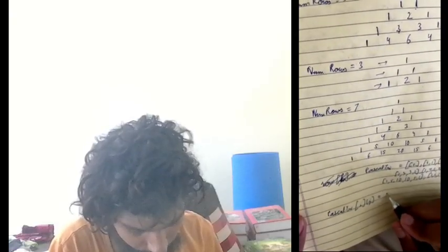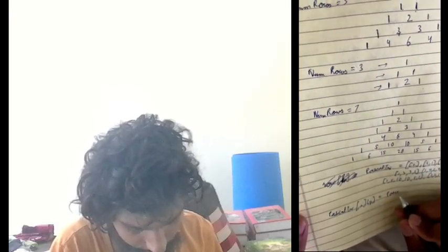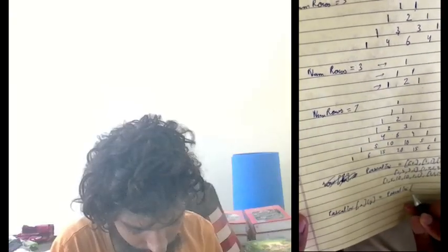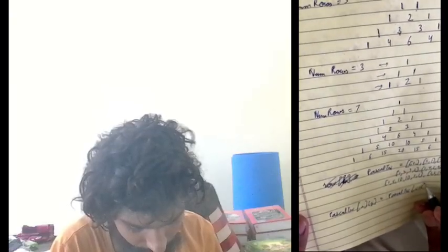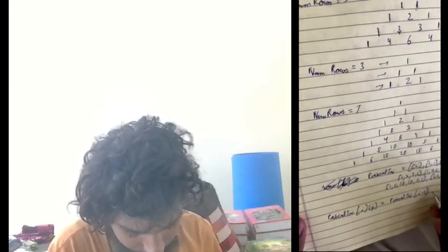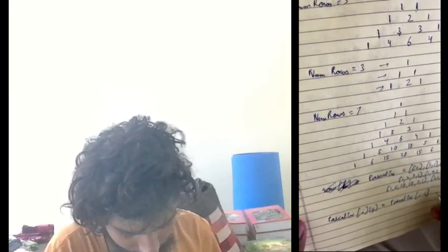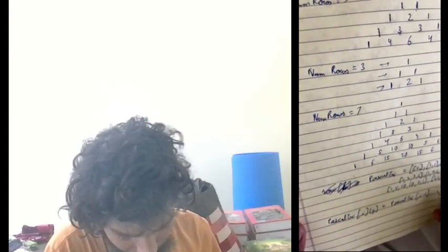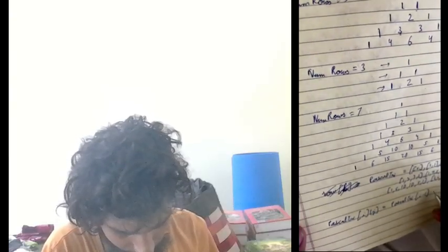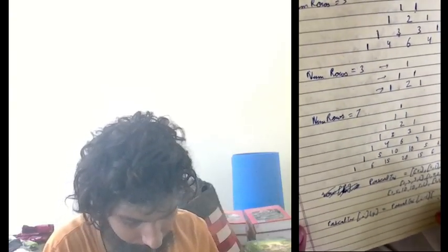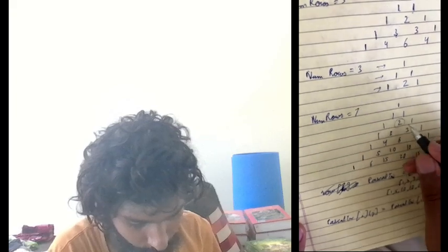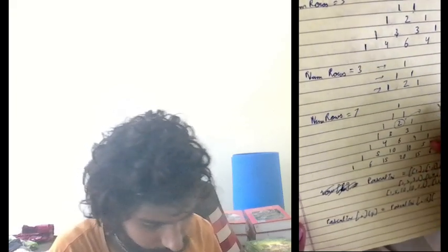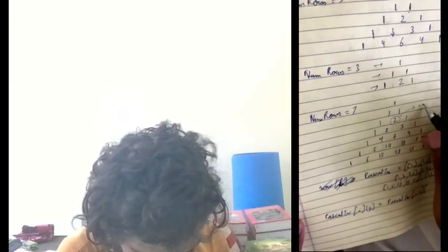That is equal to Pascal triangle row i minus 1 and column, for example, consider 2. So to compute 2, i is equal to 2 and j is equal to 1.